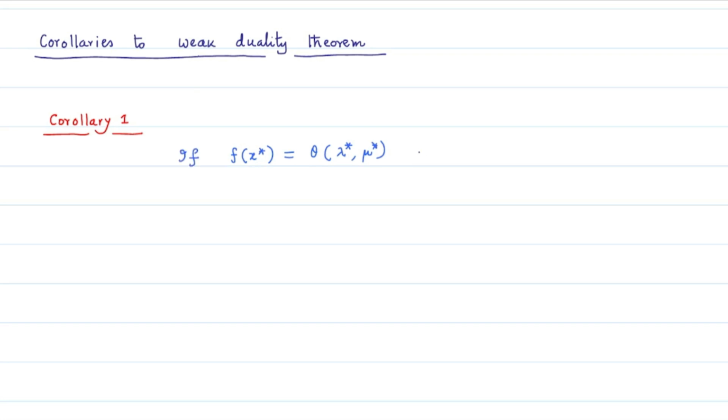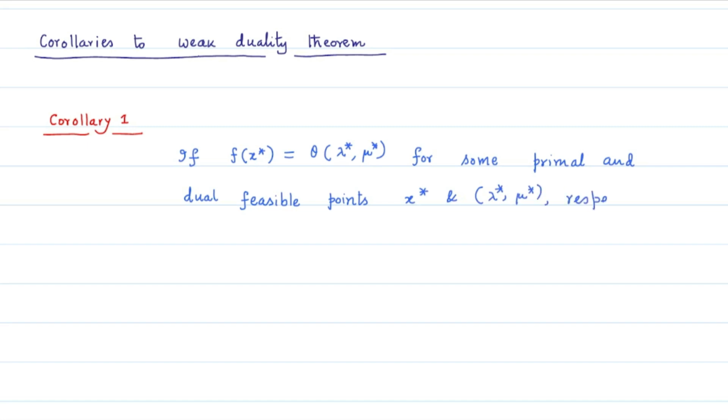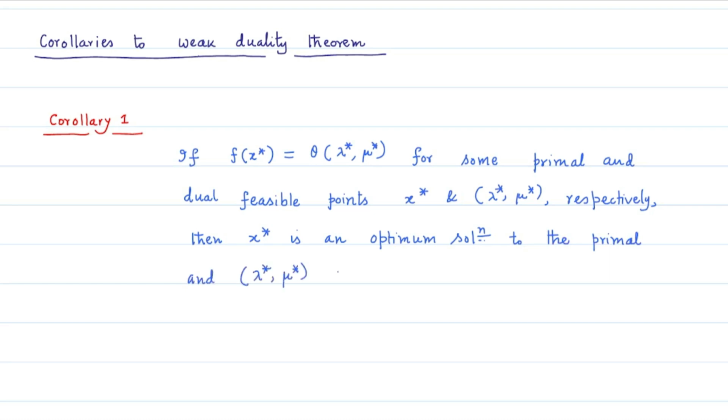So if this equality is realized for some primal and dual feasible points x star and lambda star mu star respectively, then x star is an optimum solution to the primal and lambda star mu star is an optimum solution to the dual.